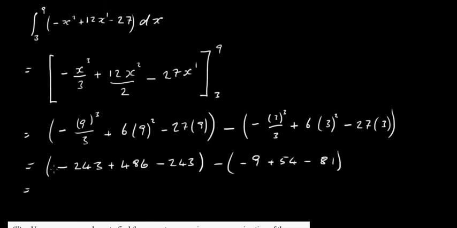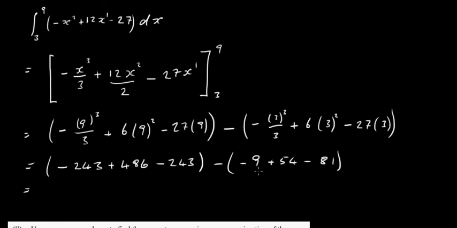Okay, so almost there. So here we've got minus 243 plus 486 minus 243, and that just gives us 0. So that's handy enough.